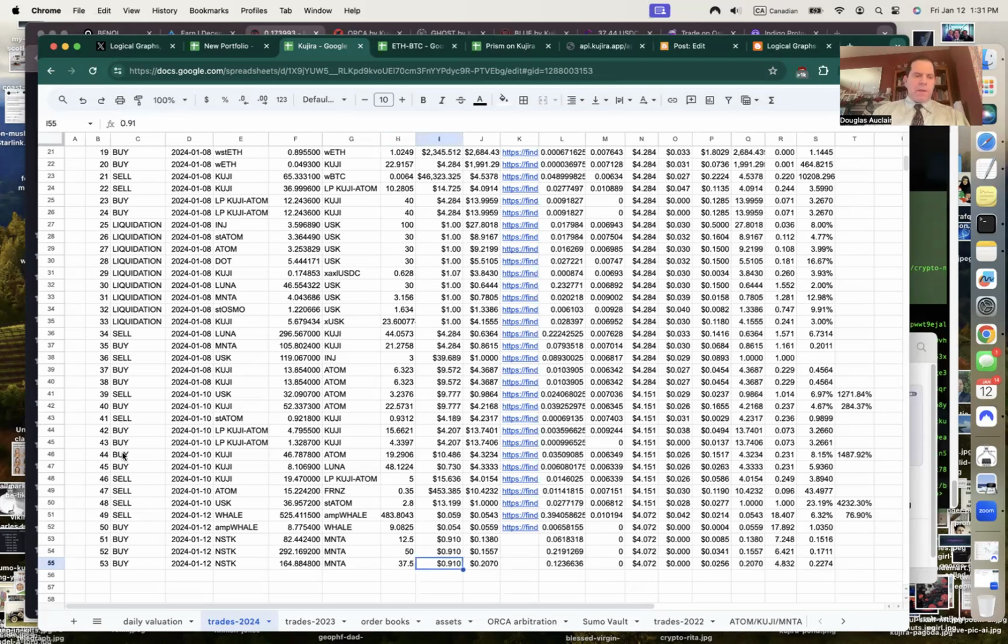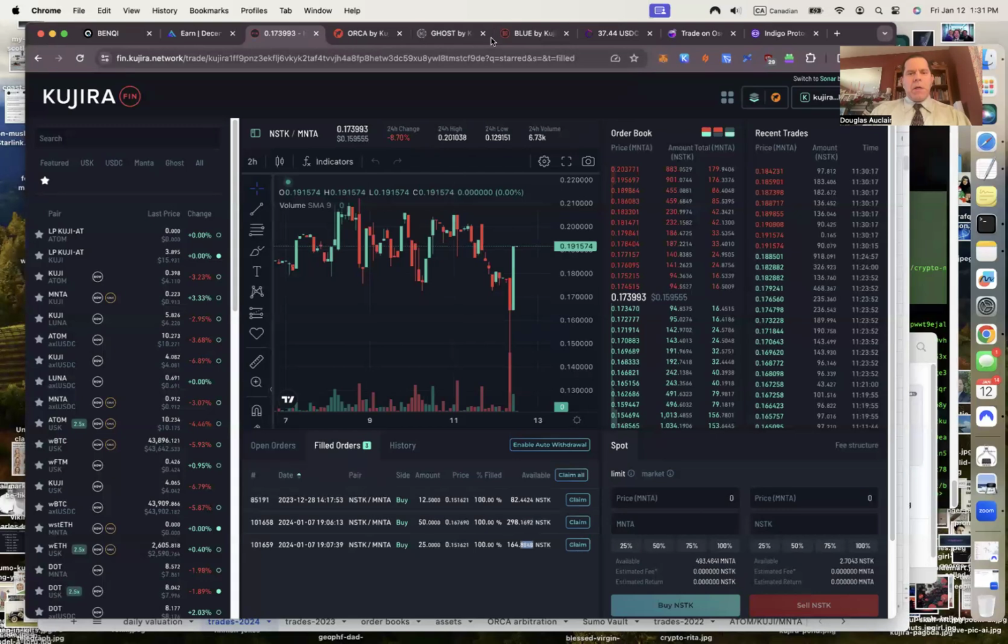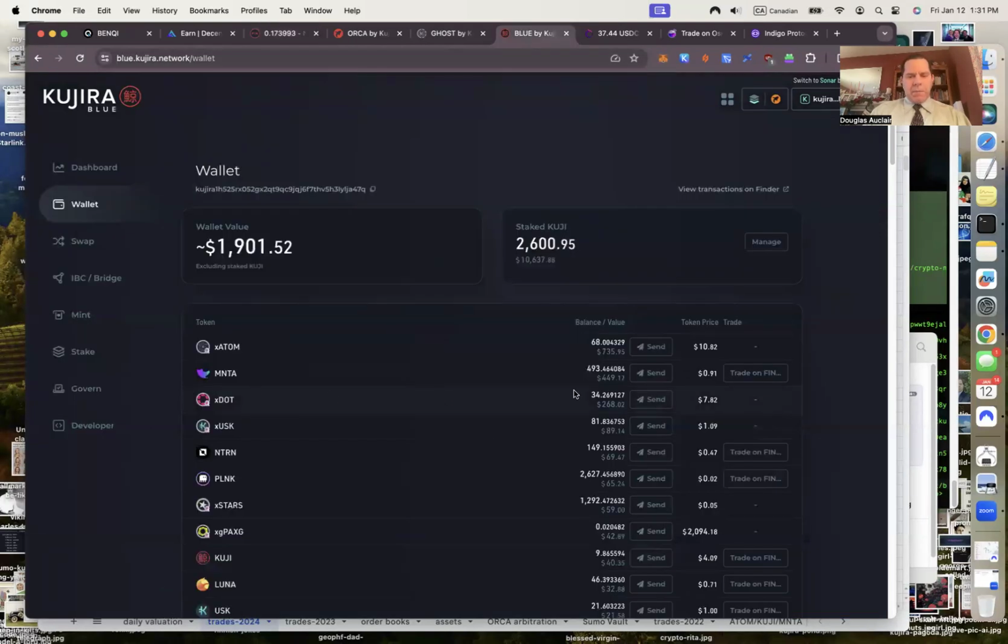Okay, so I already have the price of MNTA by checking my wallet. When we go to my wallet, you see that I have approximately 500 MNTA, and the current trading price for MNTA is 91 cents per share.